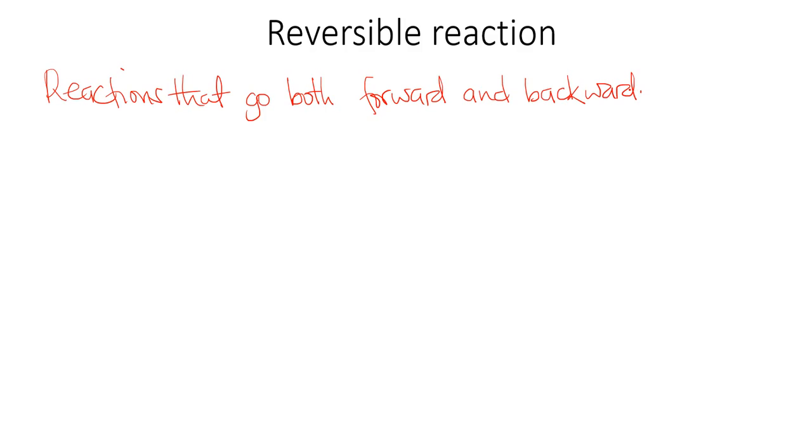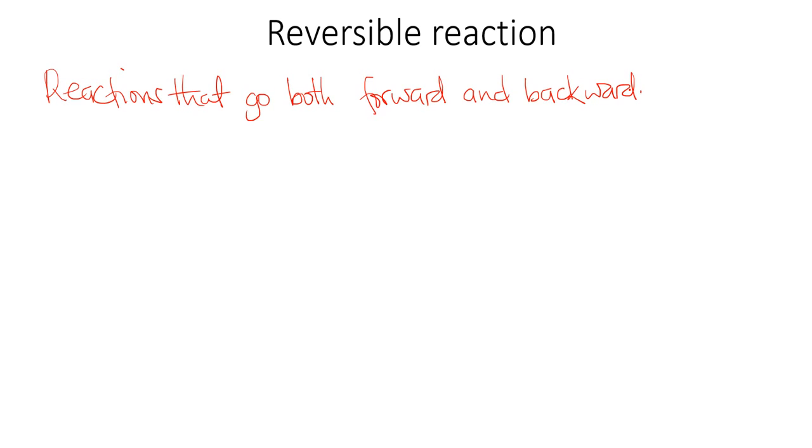Now you will see that these reactions will reach a time when you can no longer see any change in that reaction, and at that point the reversible reaction will reach equilibrium.